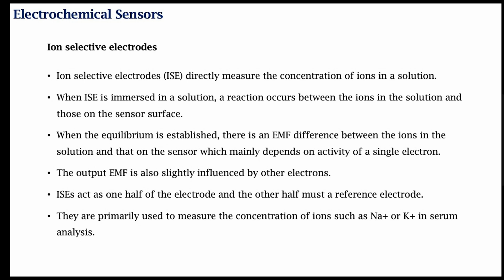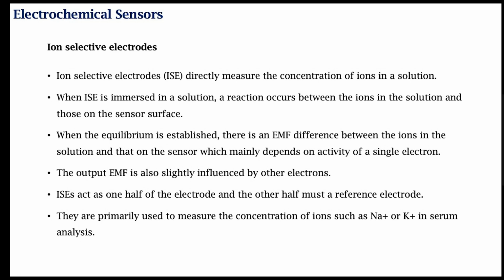It's quite common that there is a reaction between the solution ions and either the ions or the metal atoms on the sensor surface. Usually, this leads to a situation in which an equilibrium is established.